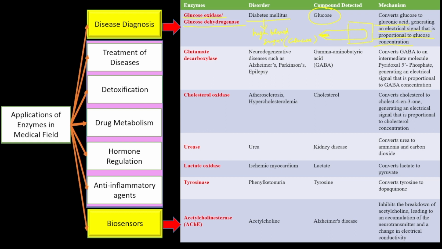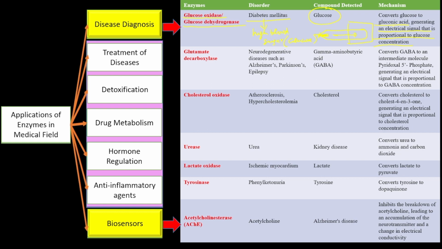What happens is that when you put a drop of blood onto this, it goes inside through capillary action, and whatever amount of glucose is present in that particular amount of blood is converted into gluconic acid, and in this process it generates an electrical pulse.